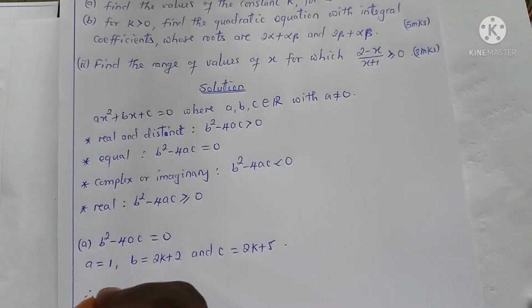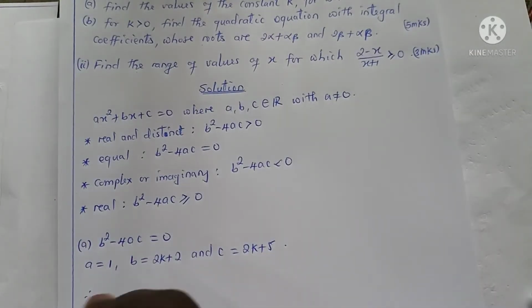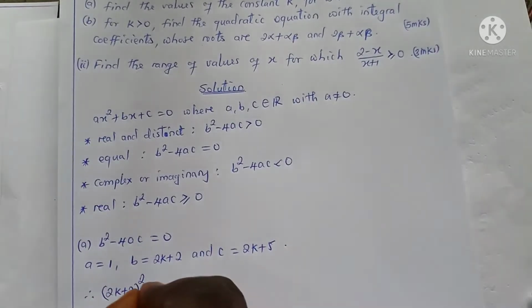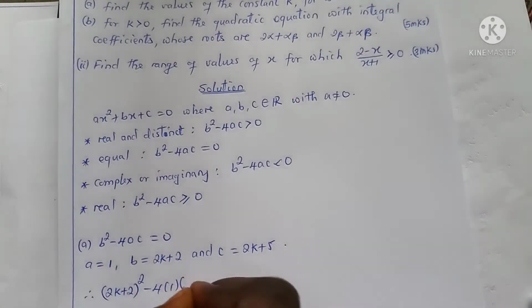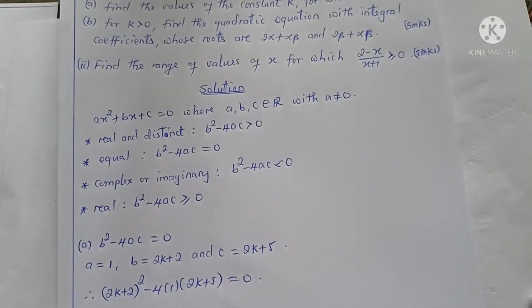And therefore, we know that b squared minus 4ac is equal to 0. Therefore, we have (2k plus 2) all squared minus 4 times 1 times c, which is 2k plus 5, equal to 0.